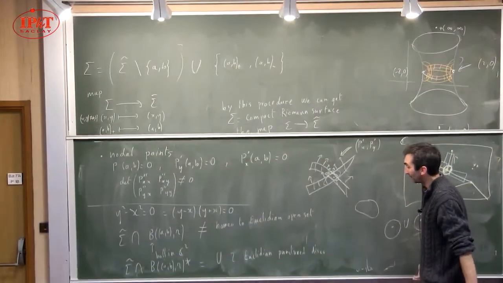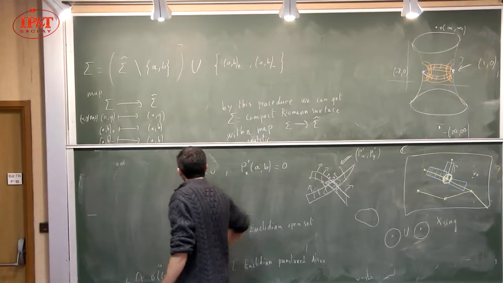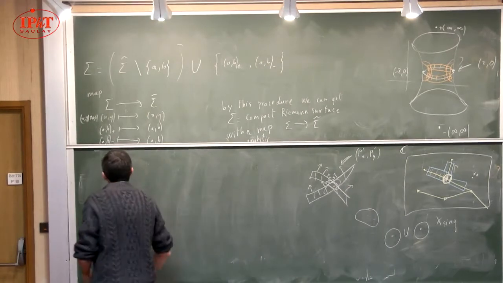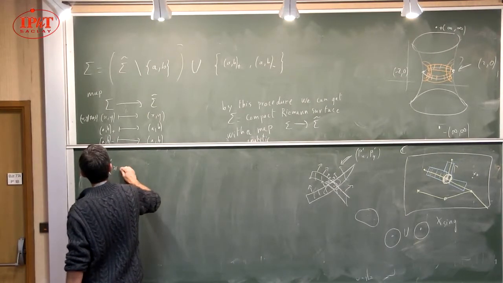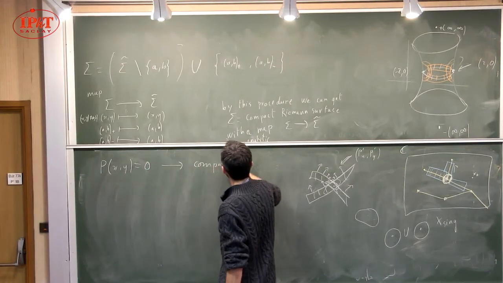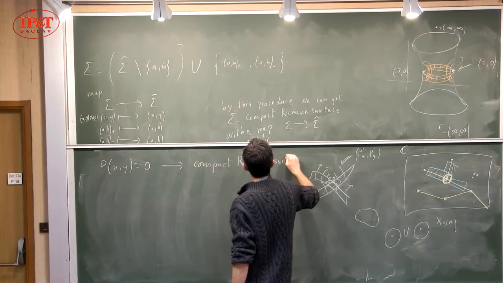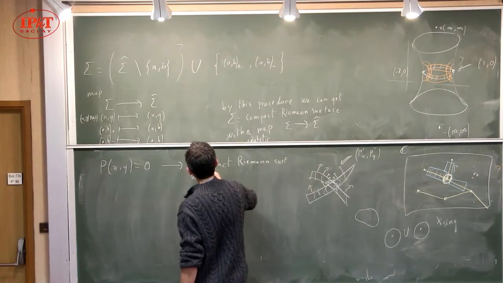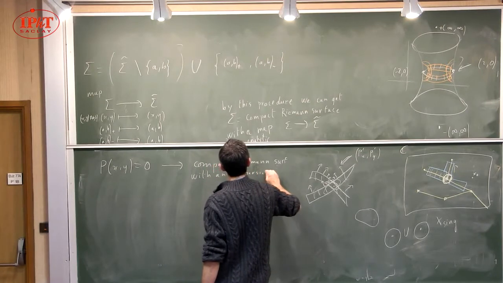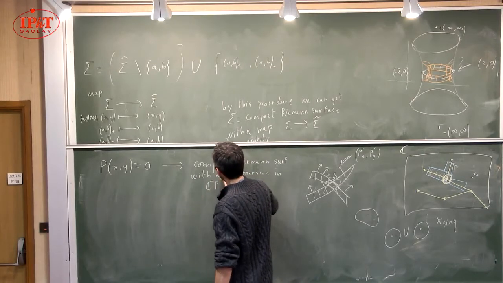So what I try to show is that when you have an algebraic equation P of xy equals 0, you get a compact Riemann surface with an embedding, with an immersion in, instead of C cross C, in fact let me say CP1 cross CP1.